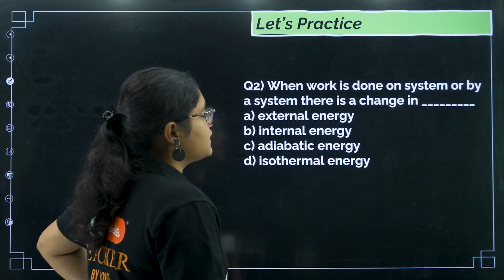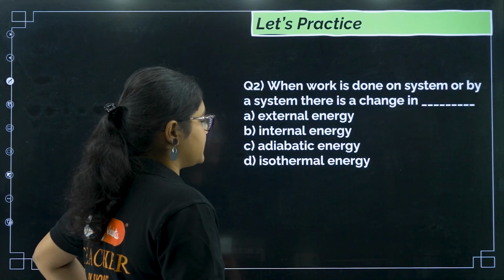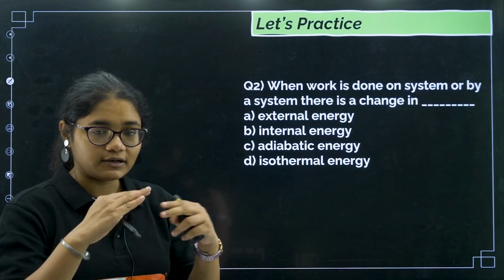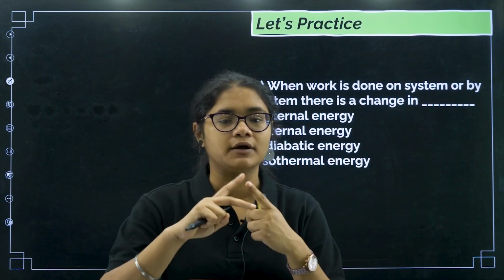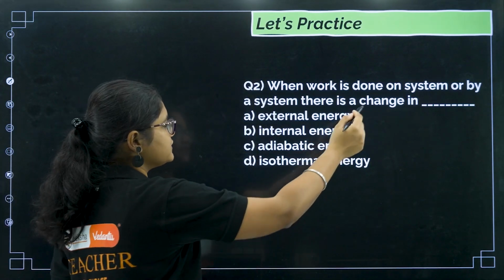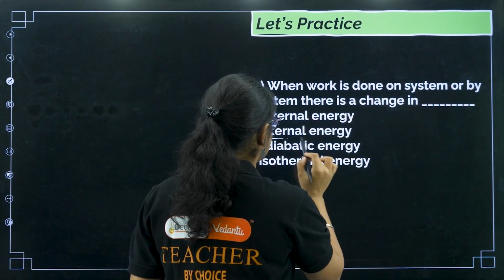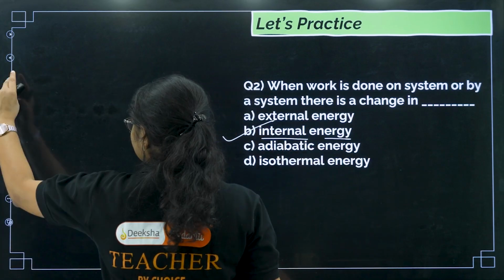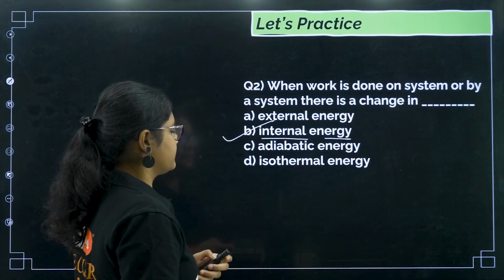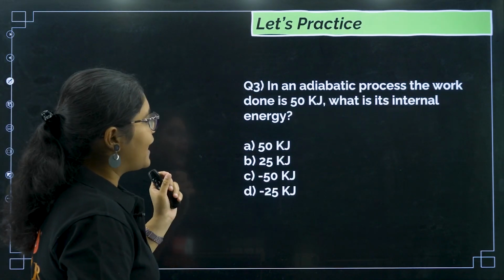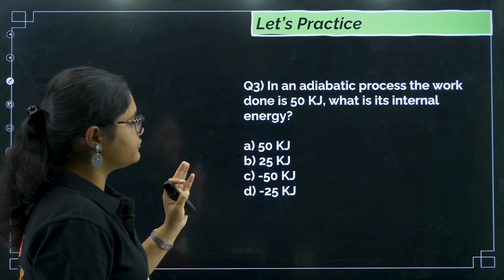Next, when work is done on the system or by the system, there is a change in what? We know internal energy can be changed in two ways, work and heat. So when work is done on the system or by the system, internal energy changes. Option number B is the correct answer. Next, in an adiabatic process, the work done is 50 kilojoule.